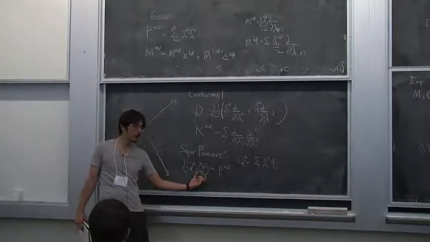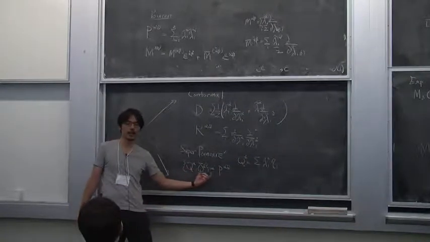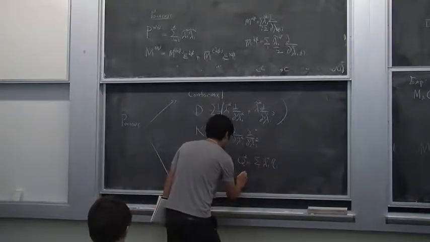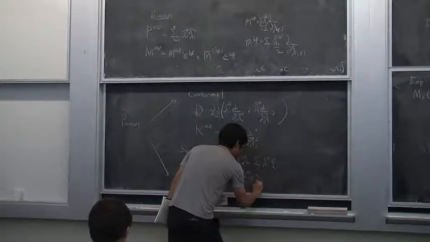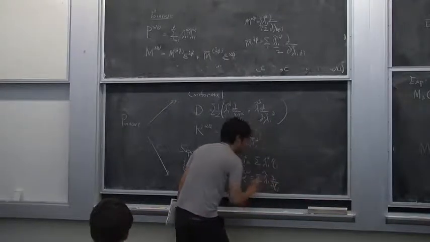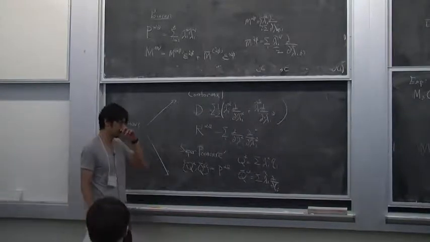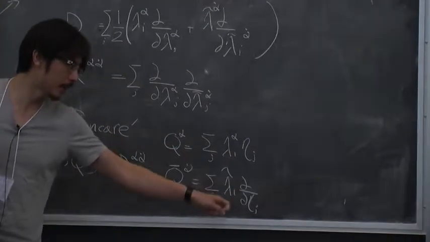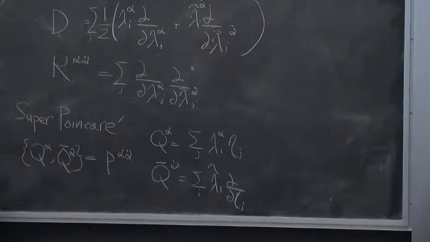Because Q bar must be such that once I plug it into this anti-commutation relation, I get back P alpha alpha dot. So with a little bit of thought, this is the sum over I of lambda I tilde partial eta I. Now, of course, once the derivative hits the eta, you get lambda I alpha and lambda I tilde back, and you indeed get P.